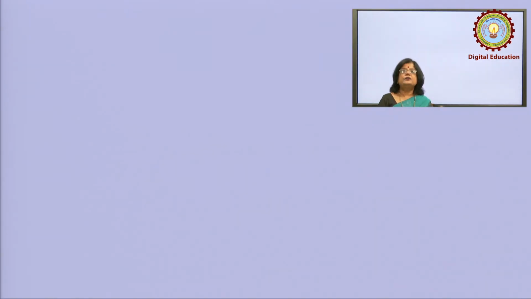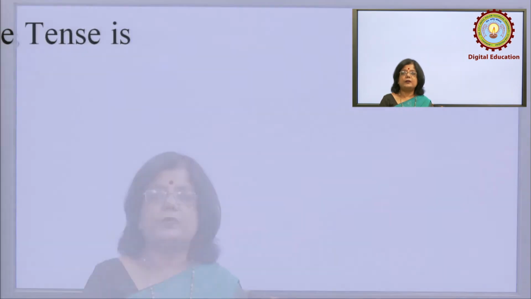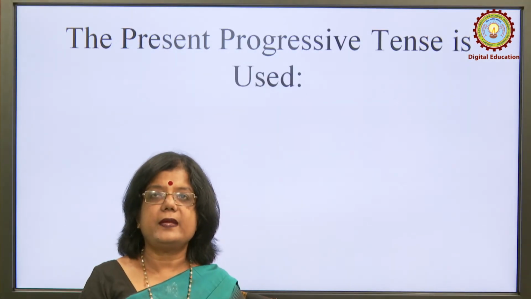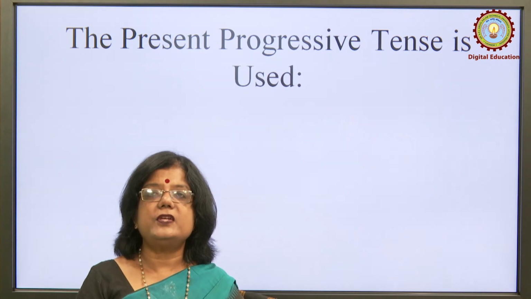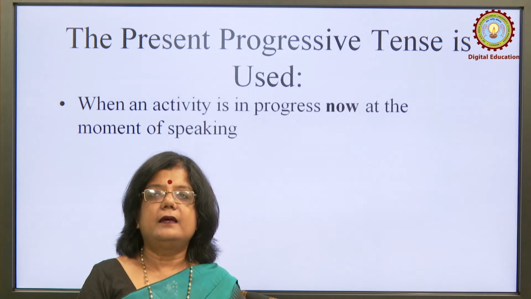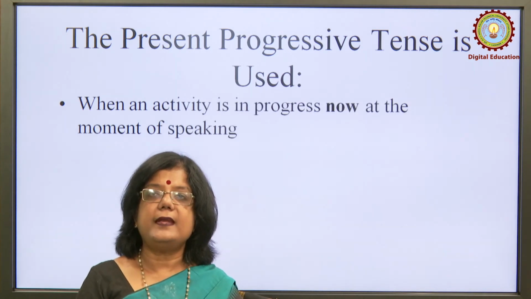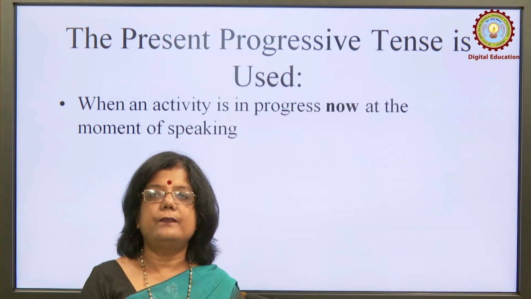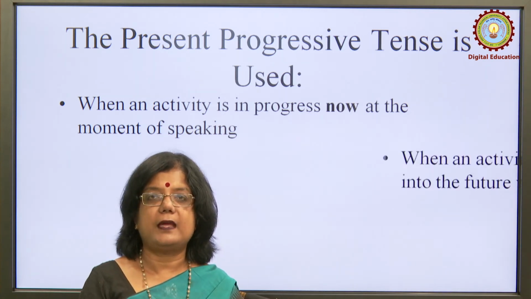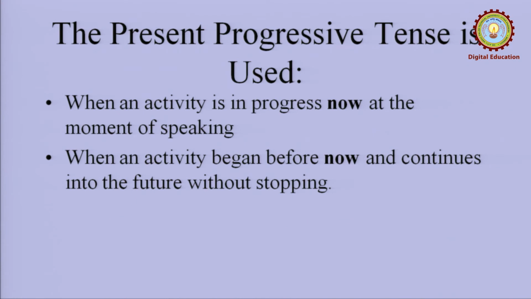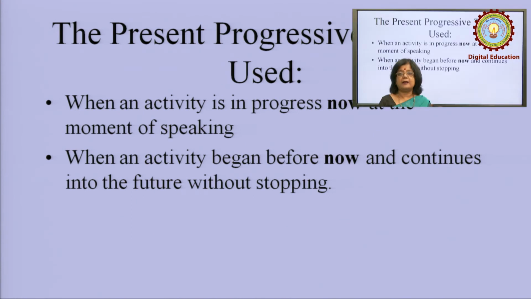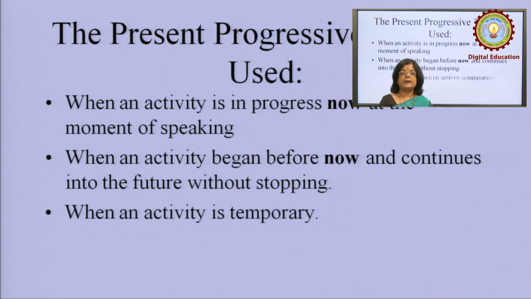Now, to switch over to this aspect, the situations when we use present progressive tense, we use it when an activity is in progress now at the moment of speaking, or when an activity began before now and continues into the future without stopping.